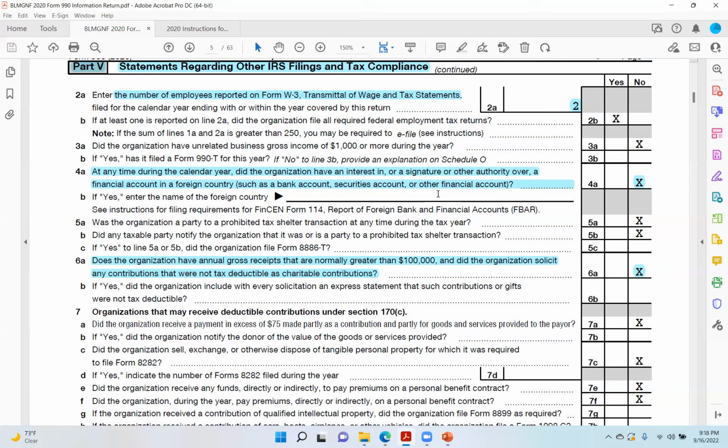So to say that they do not have an interest in or a signature or other authority over a financial account in a foreign country is incorrect. It's not accurate. Let's keep going.